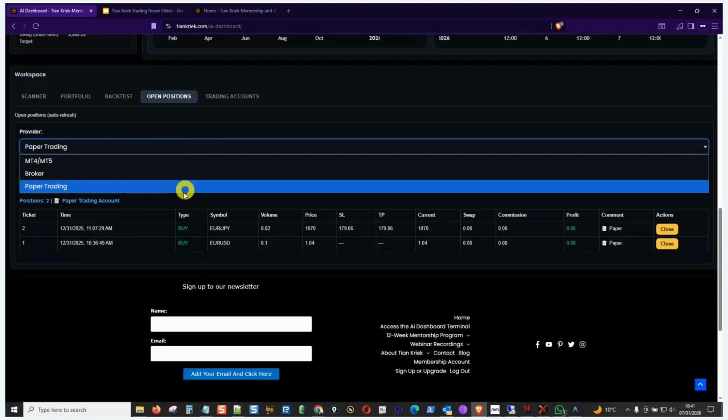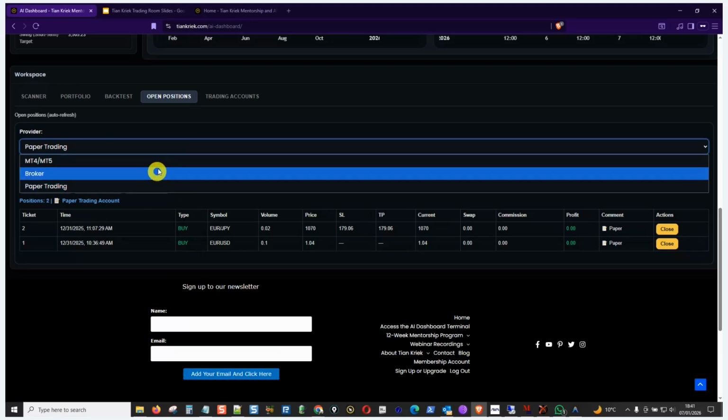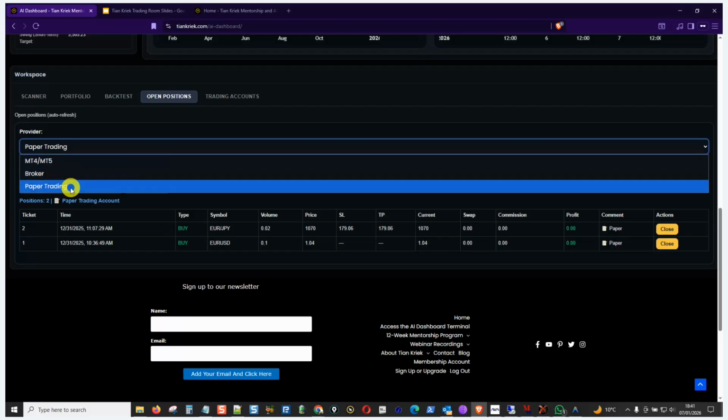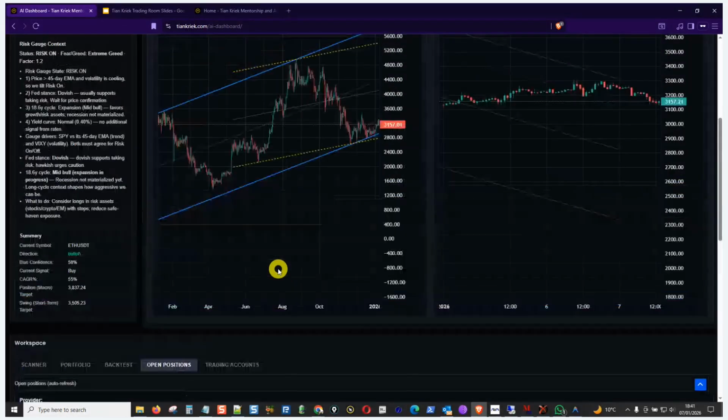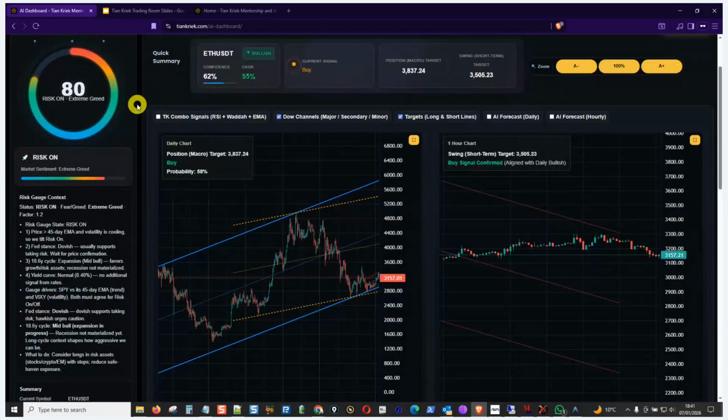You can select between your accounts, MetaTrader 4 or MetaTrader 5, or whatever broker you have connected, or the paper trading account. All right. So that's how we add a symbol to the portfolio and let it auto trade.